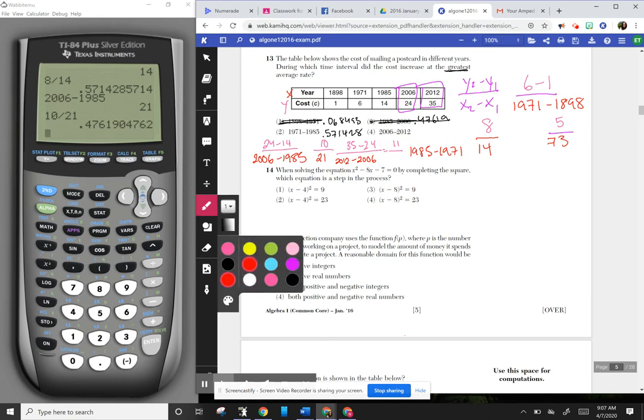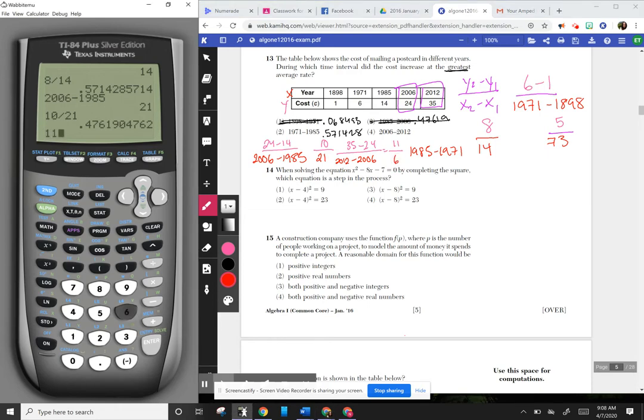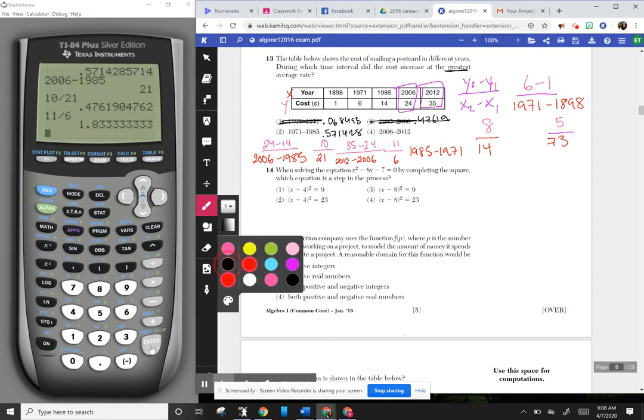And 2012 minus 2006 is a difference of 6 years. And 11 divided by 6 is 1.833 with 3 repeating. And now that's the only decimal that went above 1. So it's not 2 anymore. Our answer here is 4.